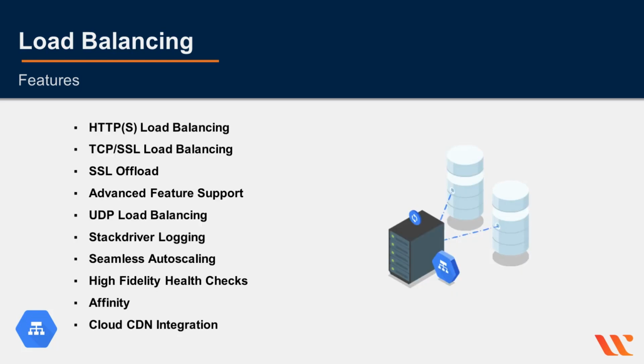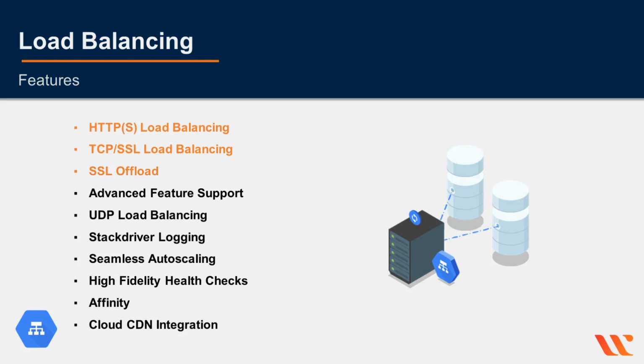Load balancing has some features, like HTTPS load balancing. This can balance HTTP and HTTPS traffic across multiple backend instances across multiple regions. TCP SSL load balancing can spread TCP traffic over a pool of instances within a Compute Engine region.